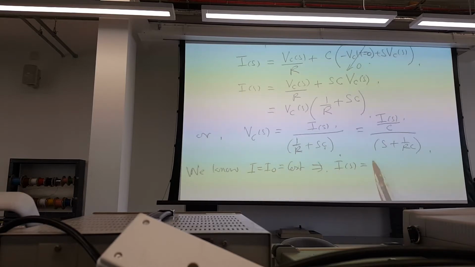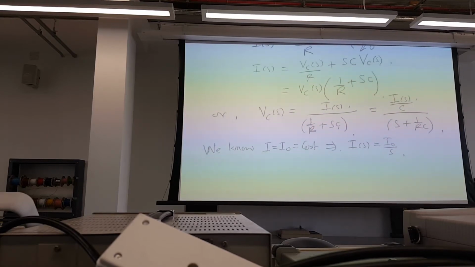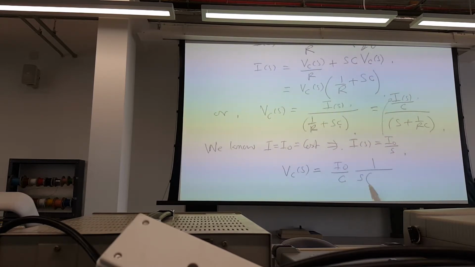I naught over S, well done, good one. And we can just put that I naught over S into there. So we can write down the final equation, which is VC of S equals I naught over C, 1 over S into S plus 1 upon RC, like that.